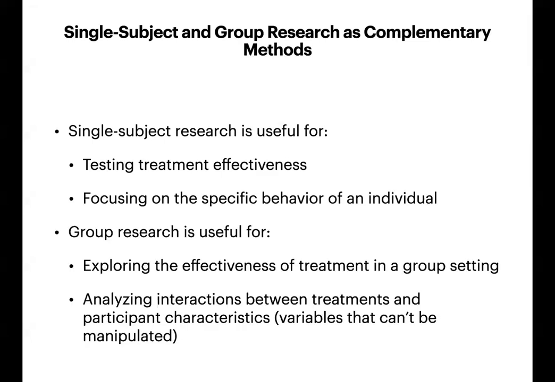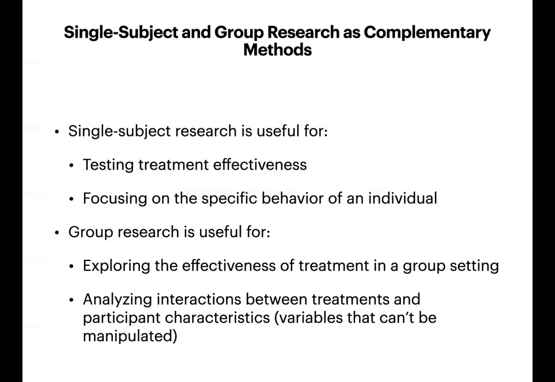These are weaknesses of the group research method, but group research, on the other hand, is ideal for exploring the effectiveness of treatment in a group setting. For example, group research can detect a small treatment effect, which can guide adjustments that ultimately produce a stronger, more significant result.